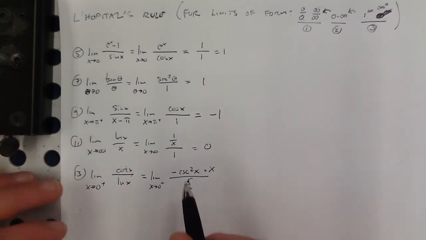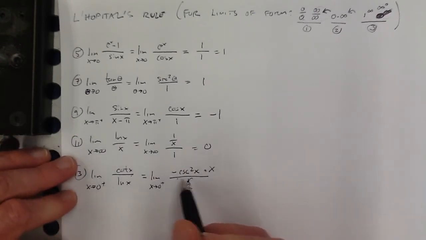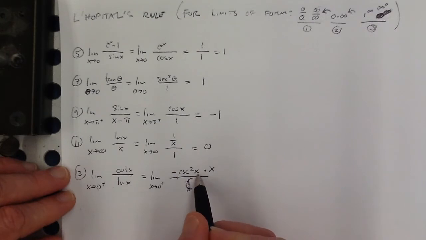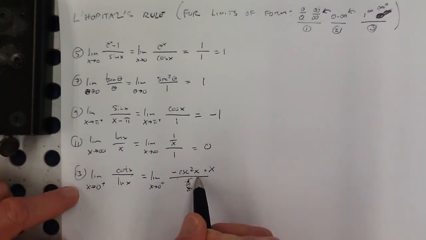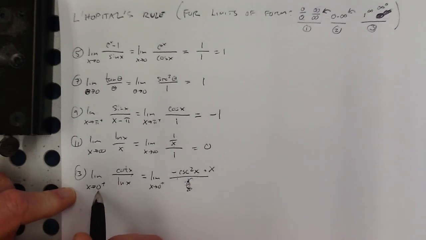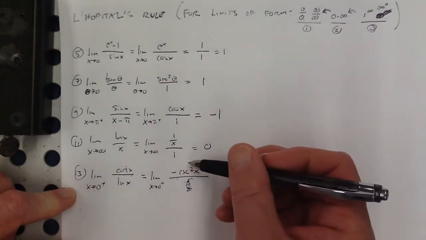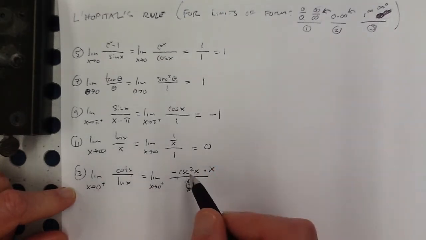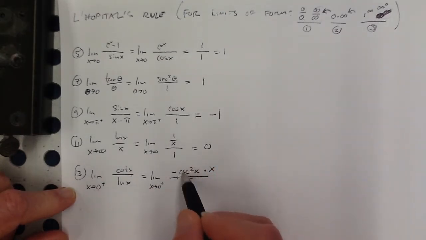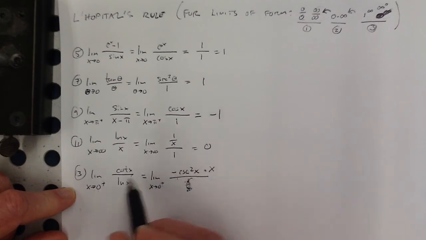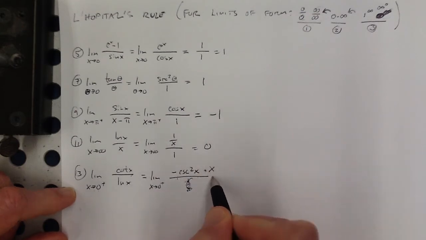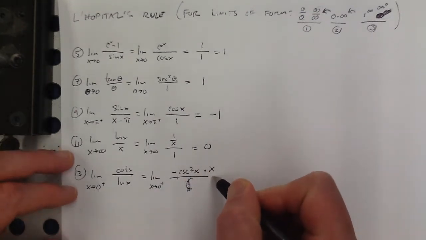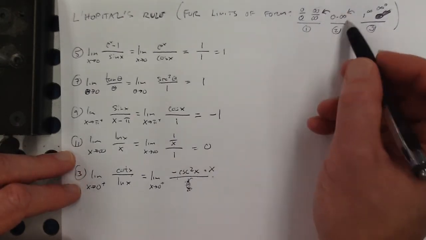So let's see what we have here. The cosecant squared of x: the cosecant of 0 is the same as 1 over the sine of 0, and the sine of 0 is 0. So this is a 1 over 0 kind of situation, which is infinity times 0. That actually got us more into the weeds there.